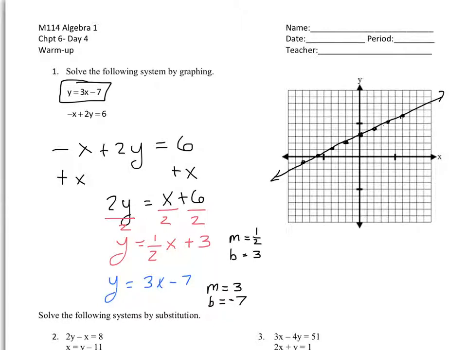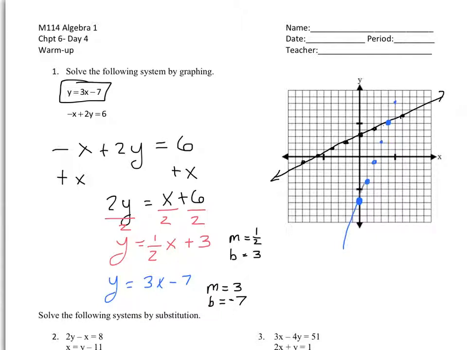And then the 3x minus 7, I got a y-intercept at negative 7, so down there in blue, and a slope of 3, so I go up 3 over 1, up 3 over 1. I'm going to keep doing that until I hit the other line right there.